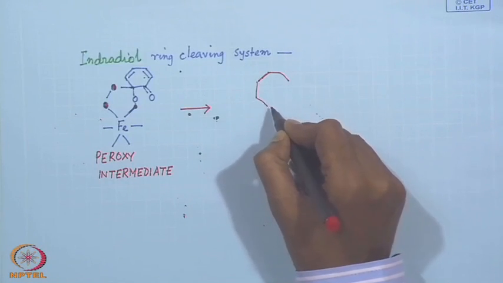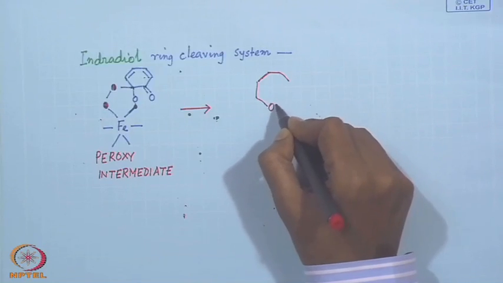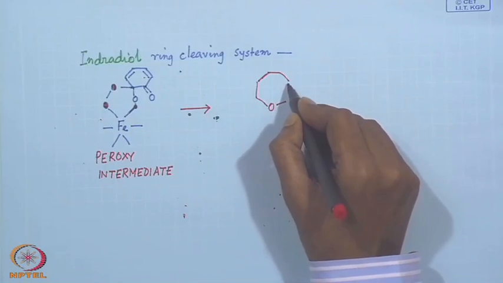and where we get the intermediate as an acid anhydride.